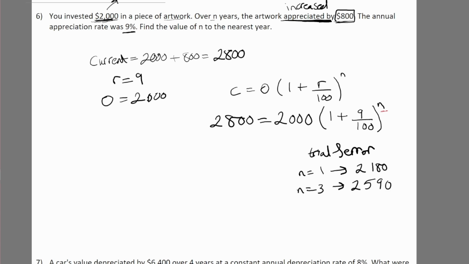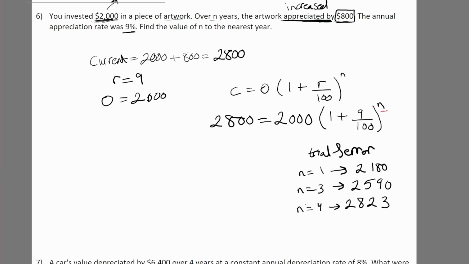Now I'm going to plug in n is equal to 4. Okay, so when n is equal to 4, the value of the painting is 2,823.